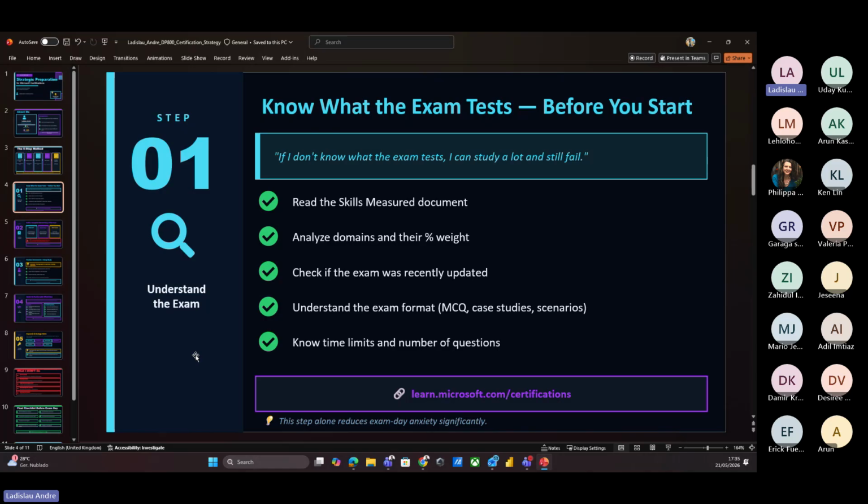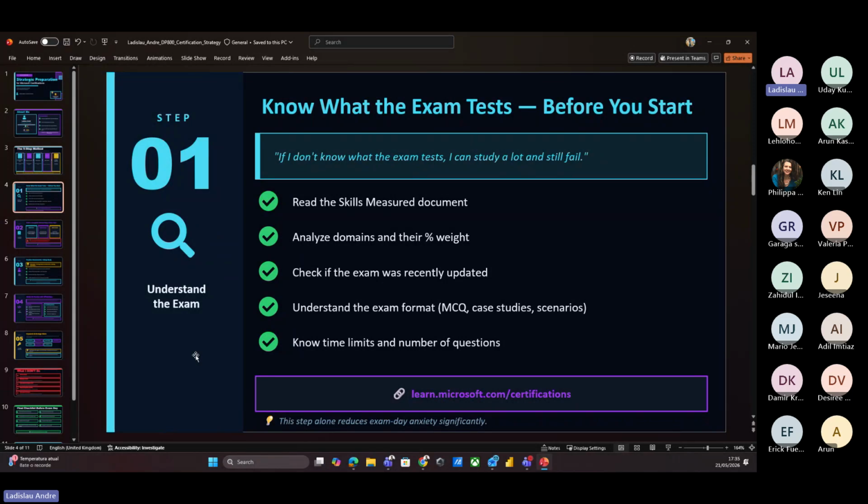Before I start studying, I ask: what are the skills measured in the exam, the domains, and the weight? It's important to know the weight so I know where to focus more. I also check whether the exam has case studies and how they work, the update of the exam, the time limit, and the number of questions.